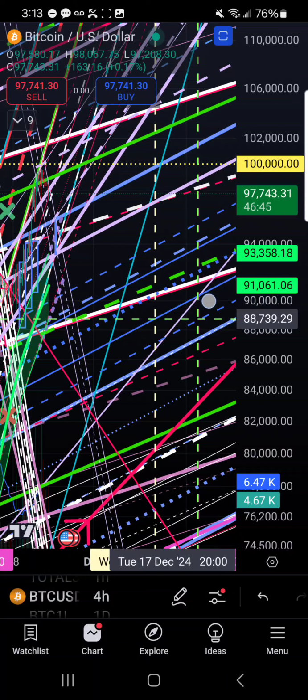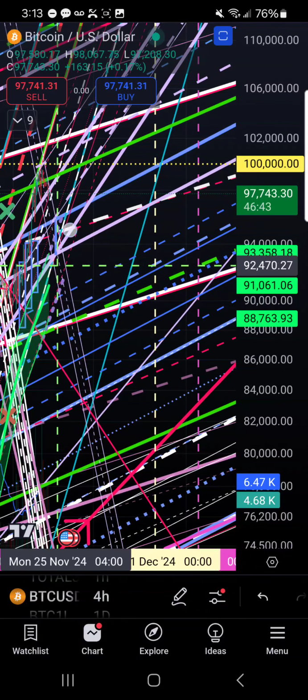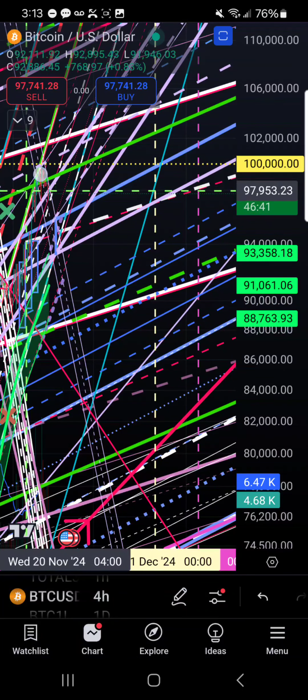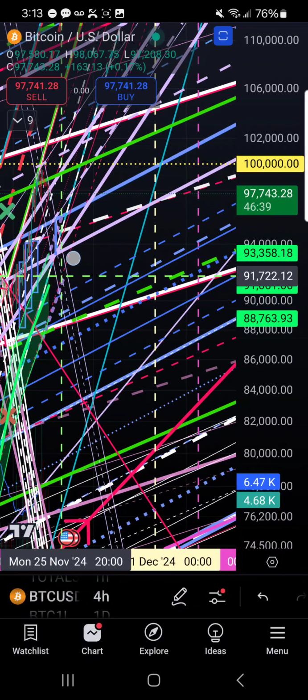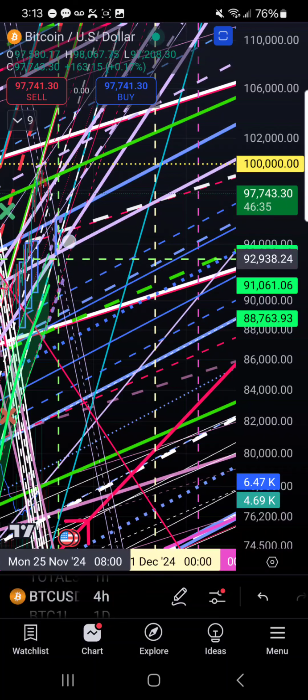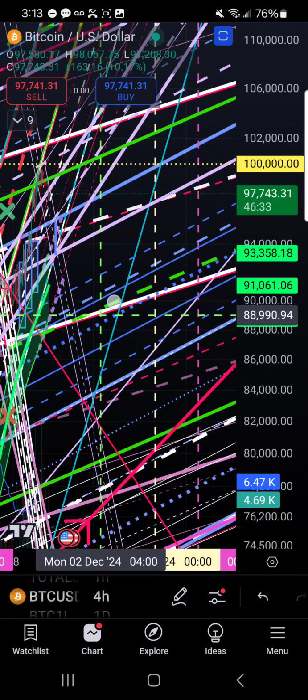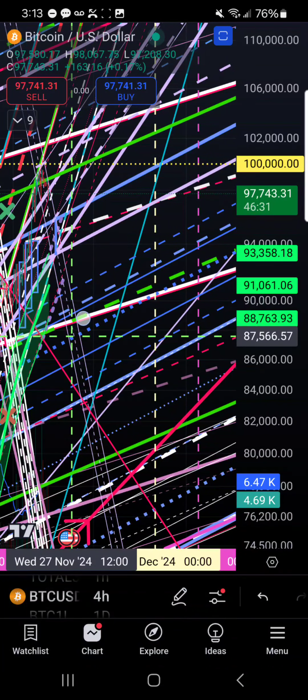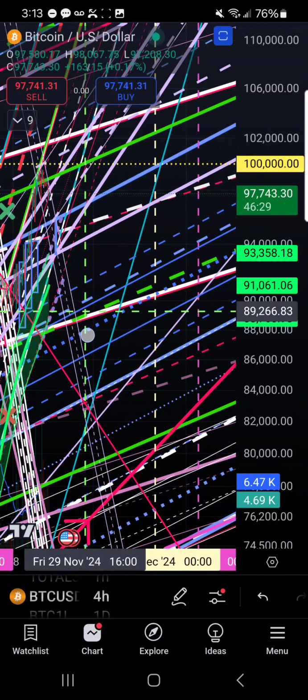Yeah, the 18th of December. So I'm thinking that we pull back possibly to 88K sometime this week, if we do follow into that 4-hour Gaussian channel.